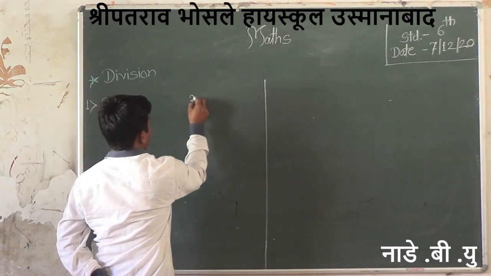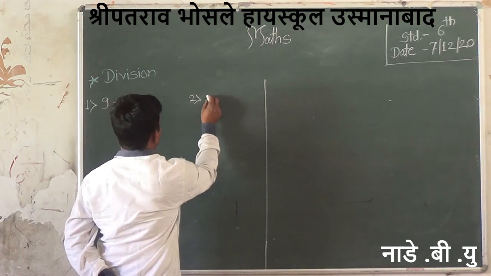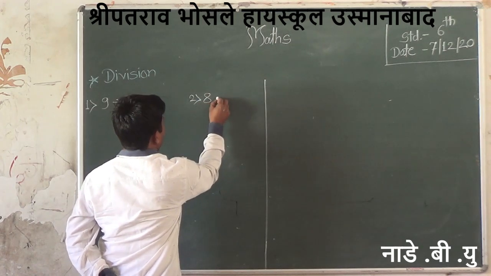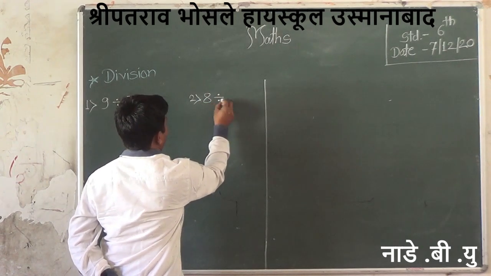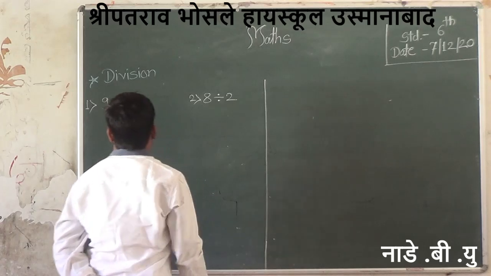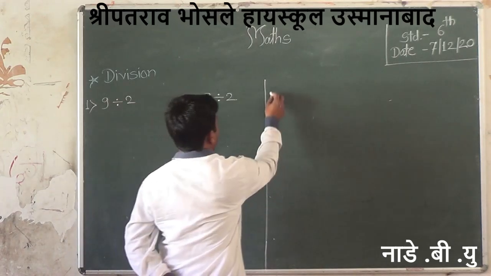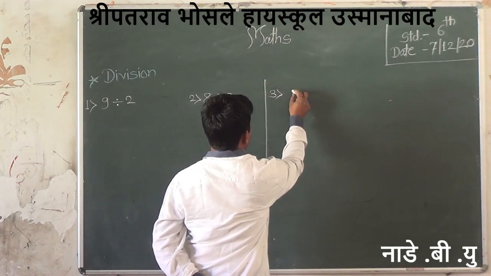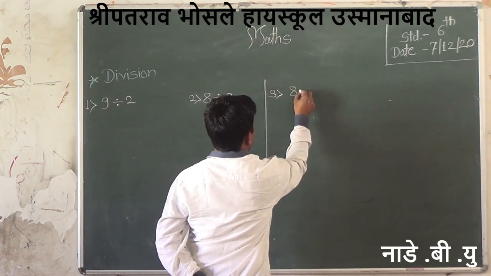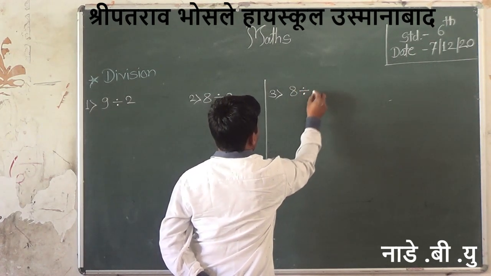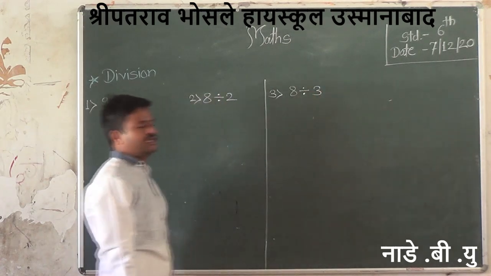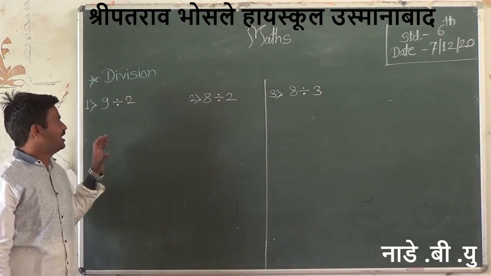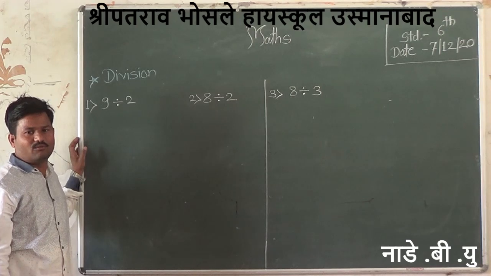The second example is 8 divided by 2, and the third example is 8 divided by 3. Here we see the examples one by one.